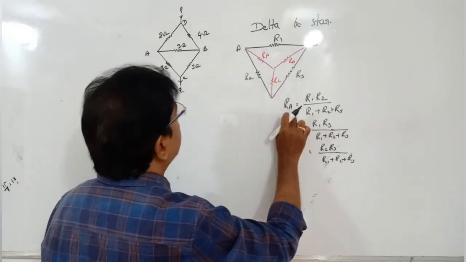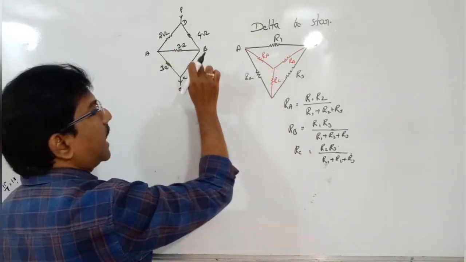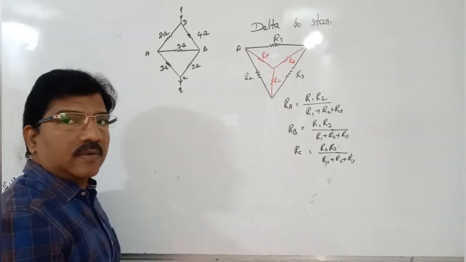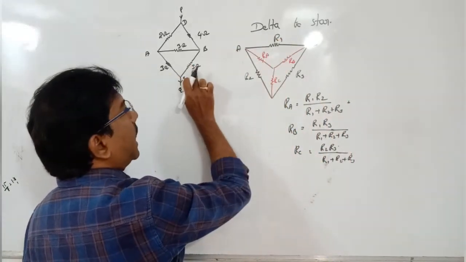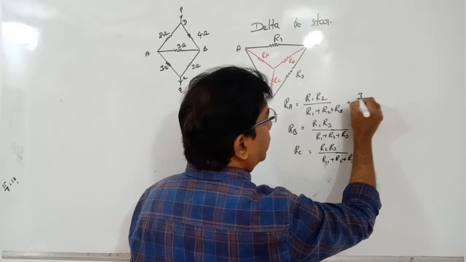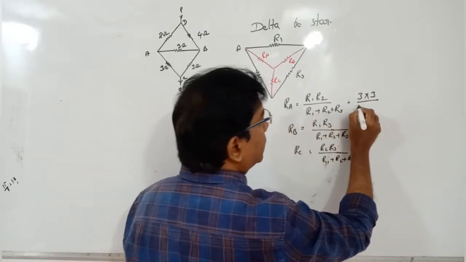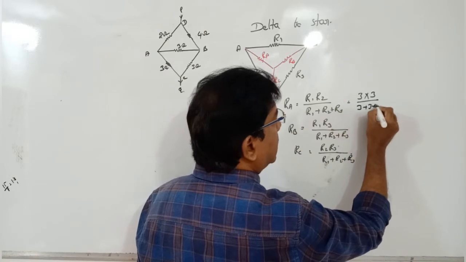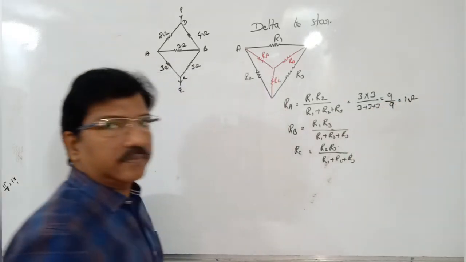Here, for RA, apply the values 3, 3 and 3. R1 and R2 are 3 and 3, divided by R1 plus R2 plus R3, that is 3 plus 3 plus 3. 9 by 9, 1 ohm.